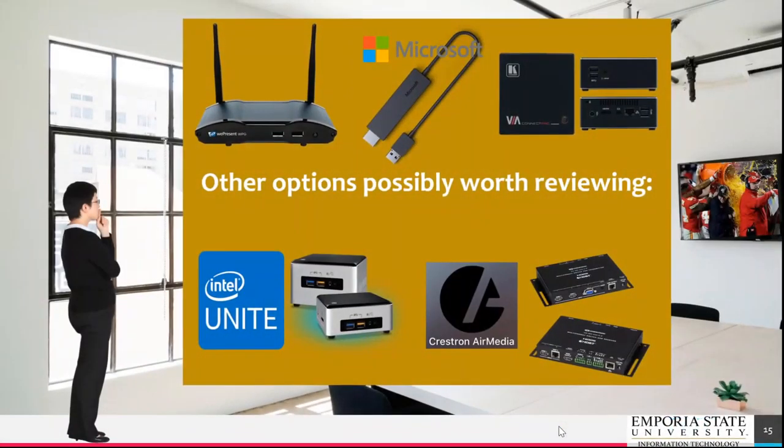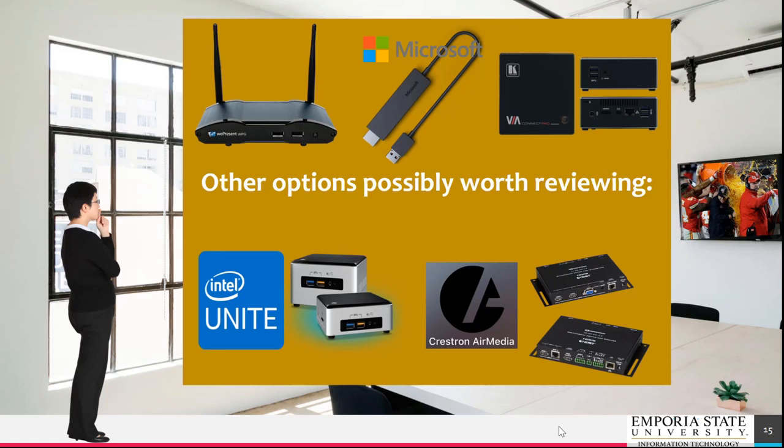Here are some other options possibly worth reviewing that we discussed with one another when comparing products out there. You see there is a WePresent, a Kramer Via, a Crestron Air Media, an Intel Unite, and the Microsoft wireless adapter.